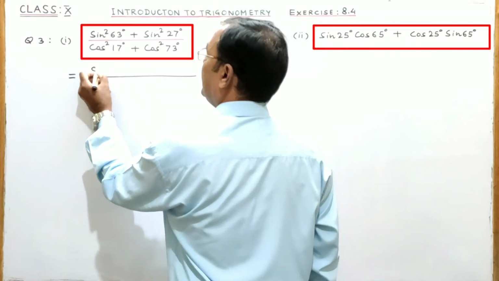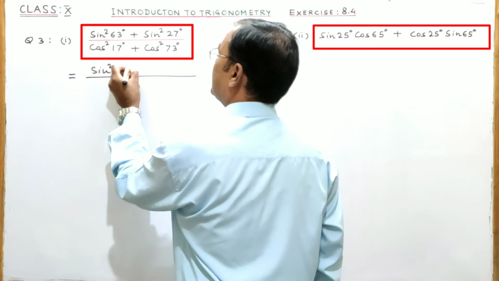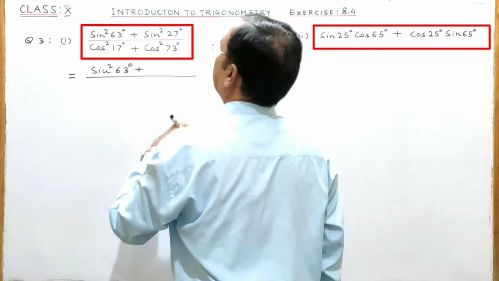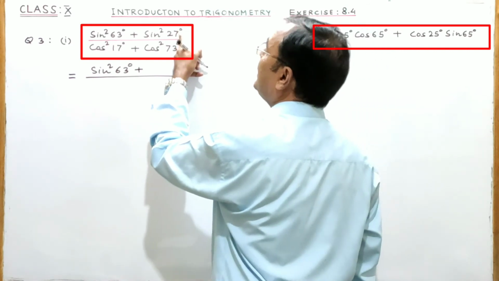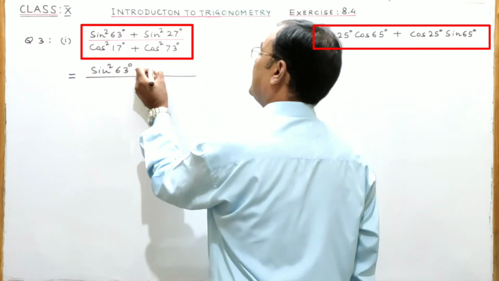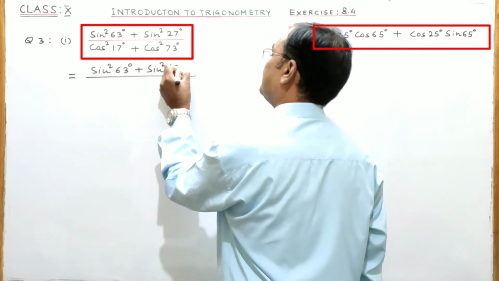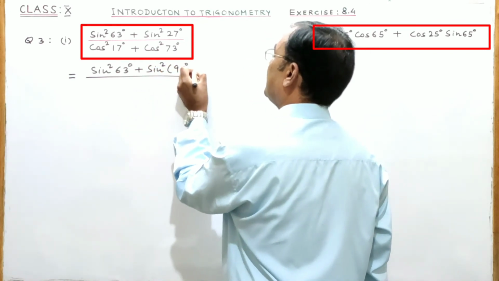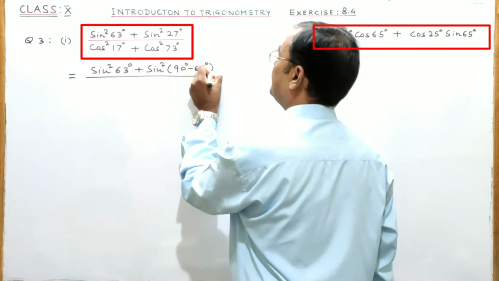So here sine square 63 degrees plus this 27 degrees we are going to write 90 degrees minus 63 degrees. So sine square 90 degrees minus 63 degrees.